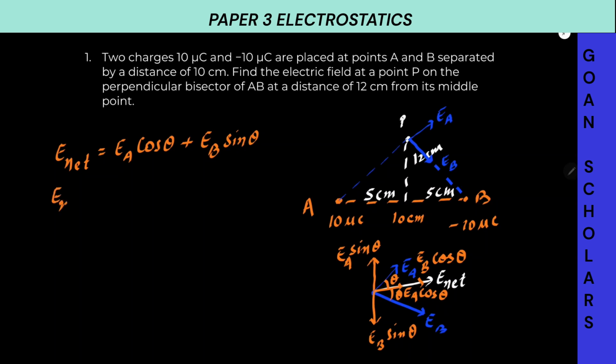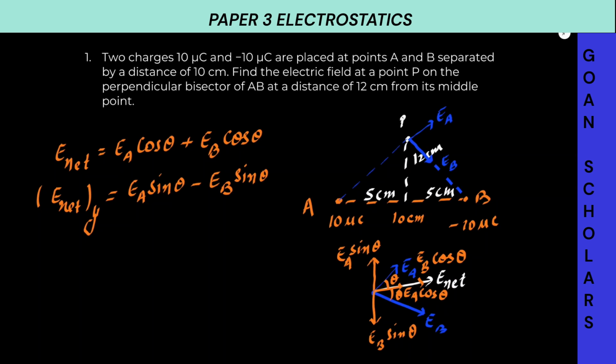So E net along the y-axis will be EA sin theta upward, you can see, while EB sin theta is downward, so it will be minus EB sin theta. Let me make some changes here. It is EB cos theta, my mistake. Okay, great. So we have electric field E net along the x-axis as EA cos theta plus EB cos theta, and along the y-axis EA sin theta minus EB sin theta.